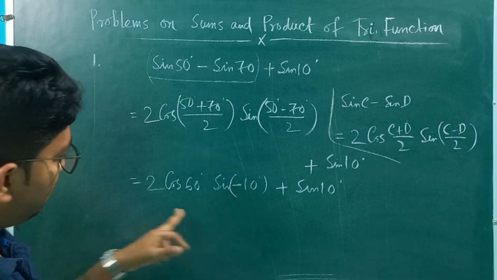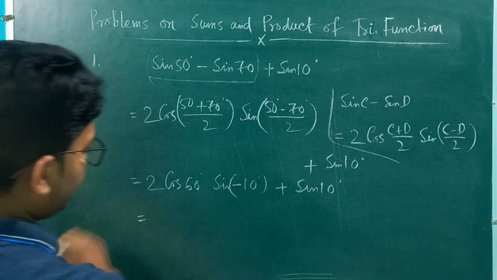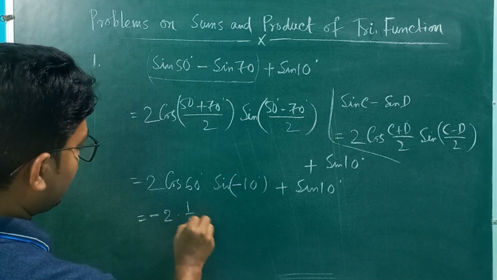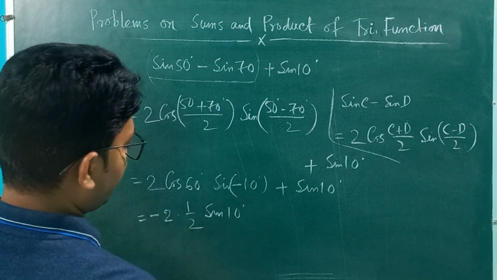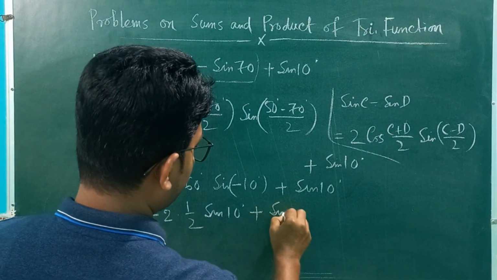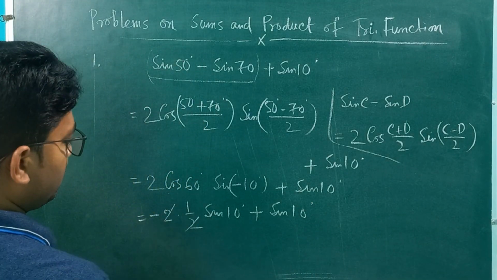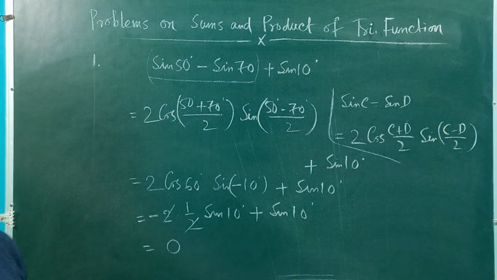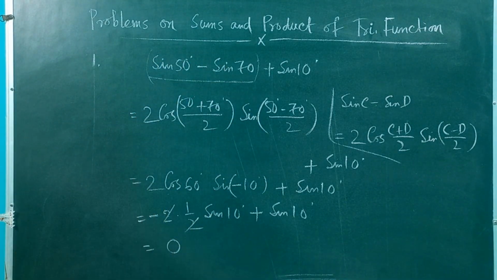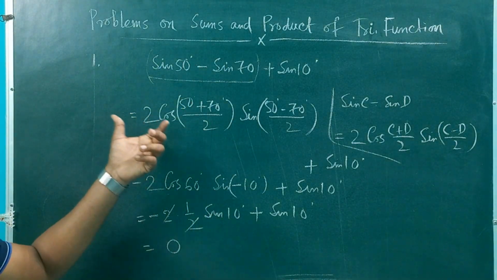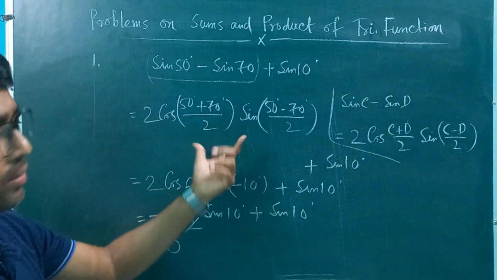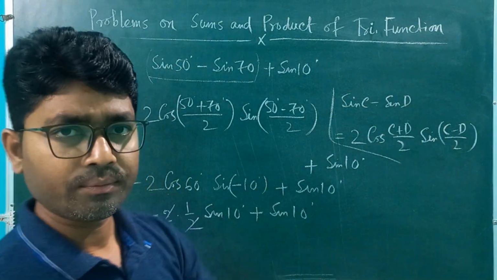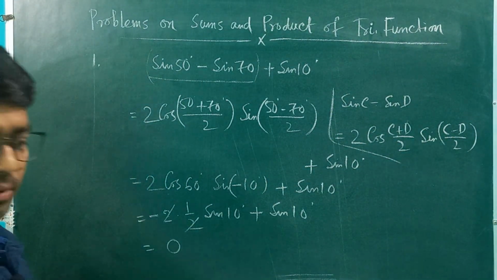This minus sign will come out of the angle, so that is minus 2 cos 60, which means half, times sin 10 degree, plus sin 10 degree. So this is minus sin 10 plus sin 10, which equals 0. That is a very simple expression where we apply the sum into product formula, and we already know the formula, so its value is 0.